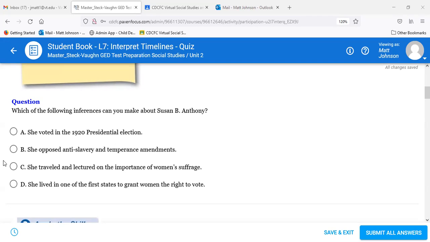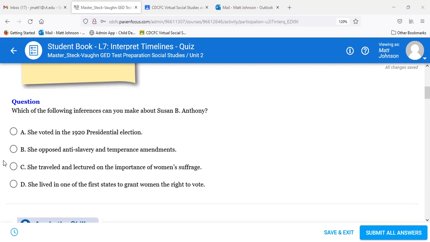C. She traveled and lectured on the importance of women's suffrage. D. She lived in one of the first states to grant women the right to vote. I think she traveled and lectured on the importance of women's suffrage.